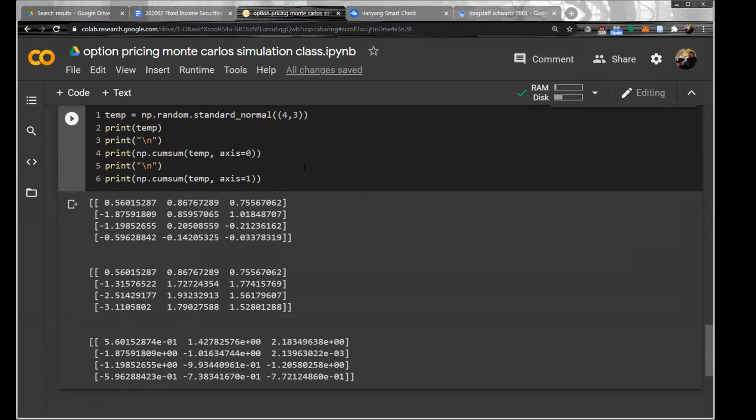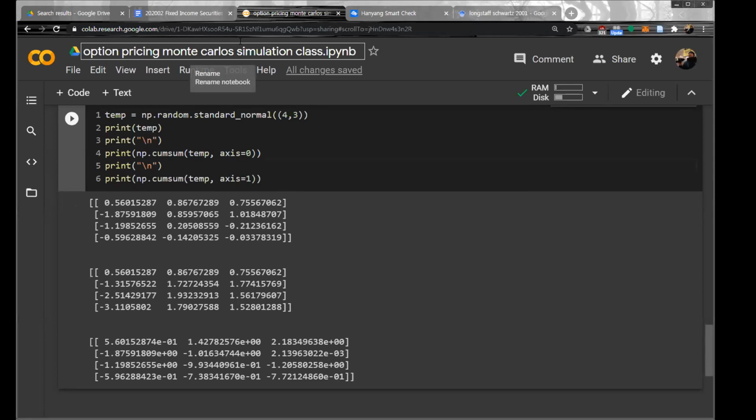So I think we are ready. Now, in American option, the path is important. In the European option, only the terminal point is important. But in American option, the path to the terminal value is also important, because through the path, there is a chance that the option is exercised, because it is an American option. So we have to generate not only the single terminal point, but the path of the stock price.